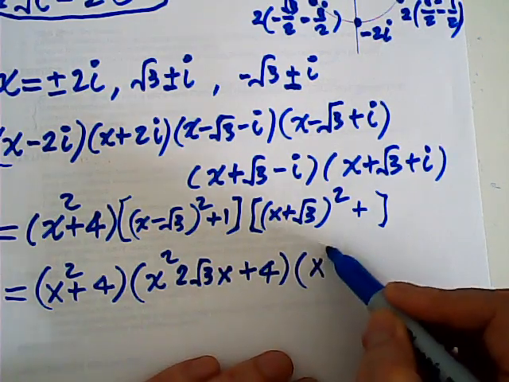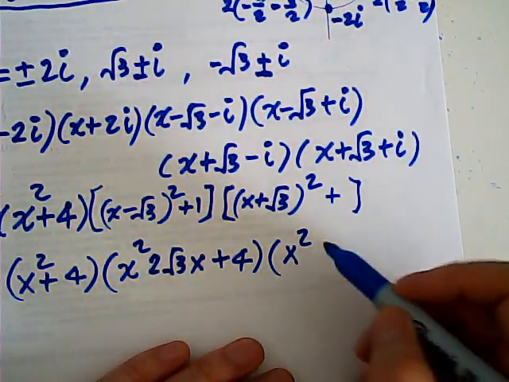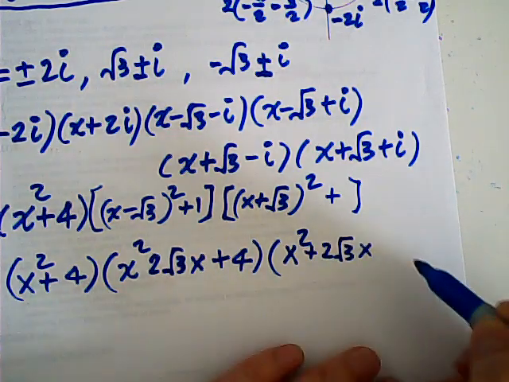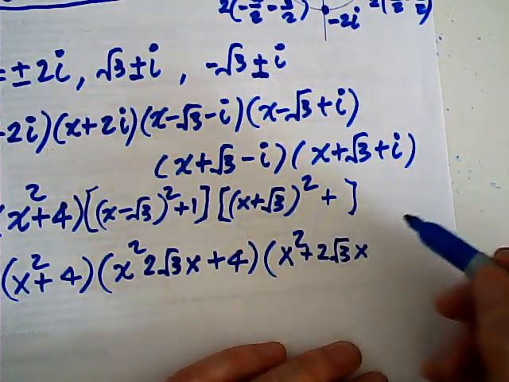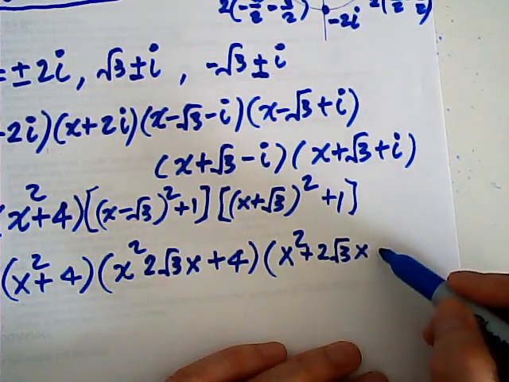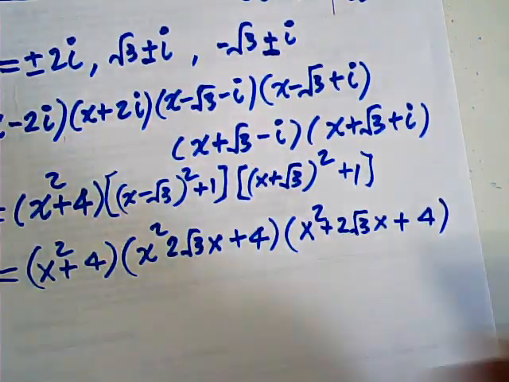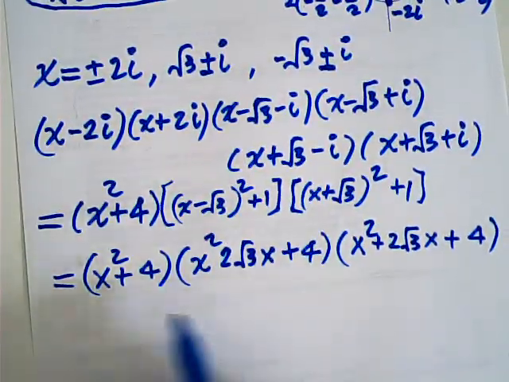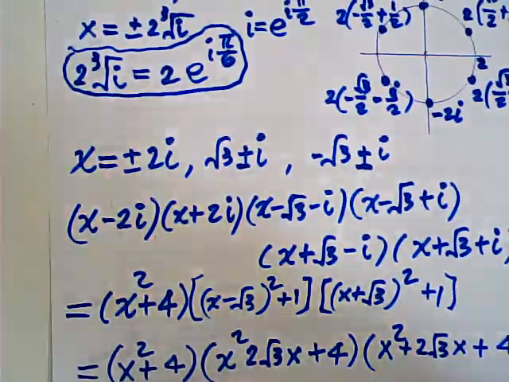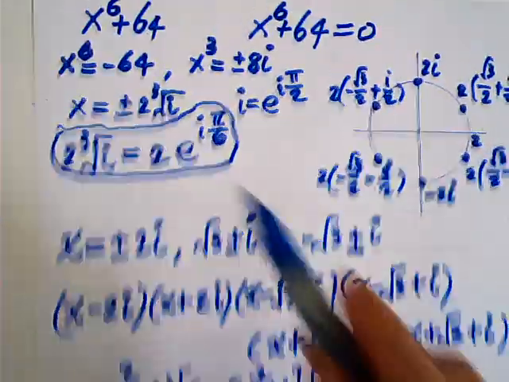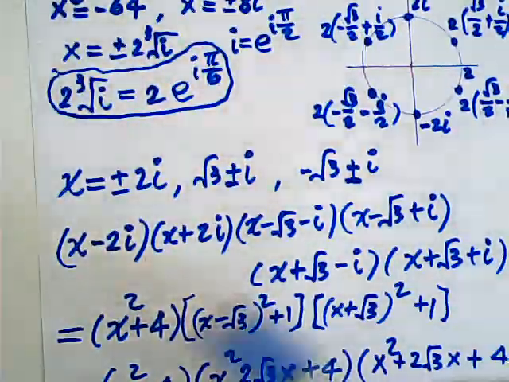And this will be x squared plus 2 root 3 x plus 3 plus 1, so therefore plus 4. So I have 3 factors, each of them a quadratic factor. So I found the factors and I found the roots.